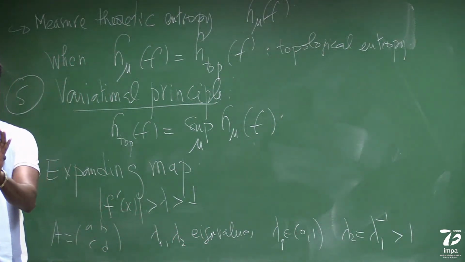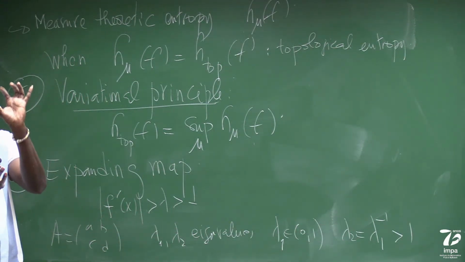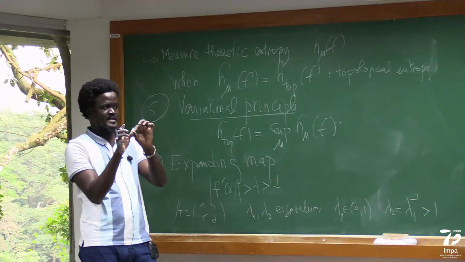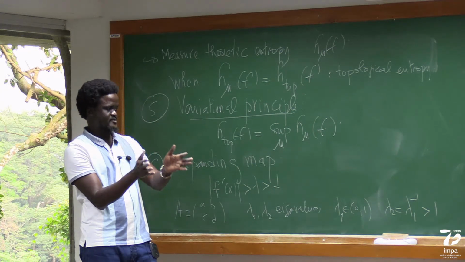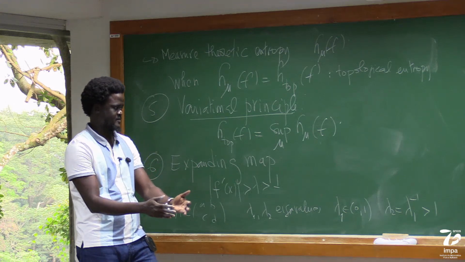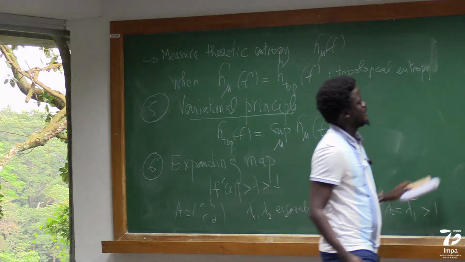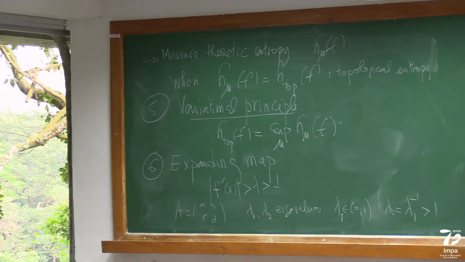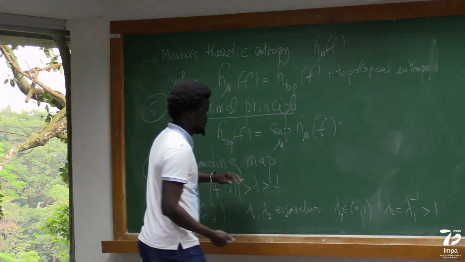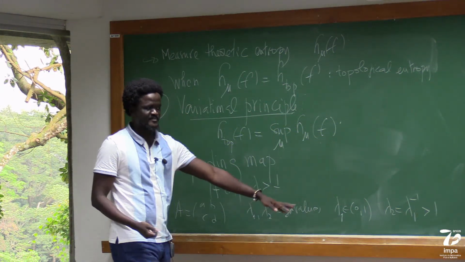You have two eigenspaces: one is contracting and one is expanding. You have these two behaviors on your system. I'm just trying to convince you why it is enough in most cases to just know expanding maps to study general maps like this one.